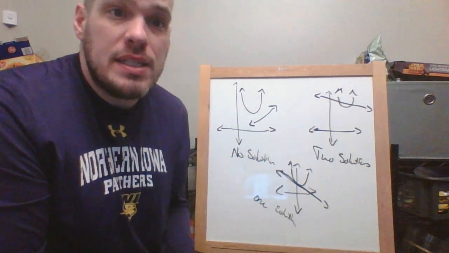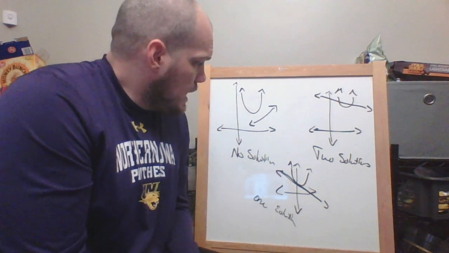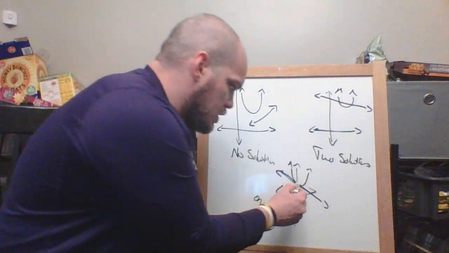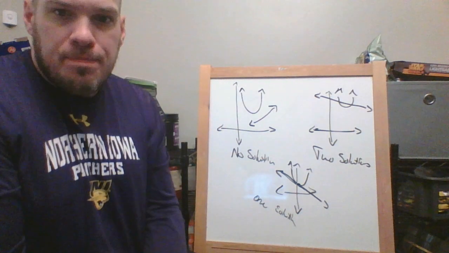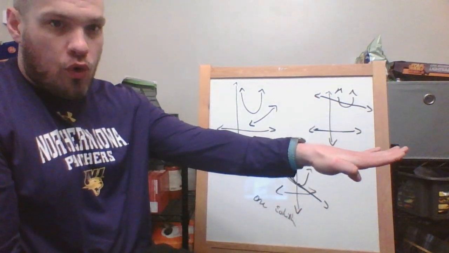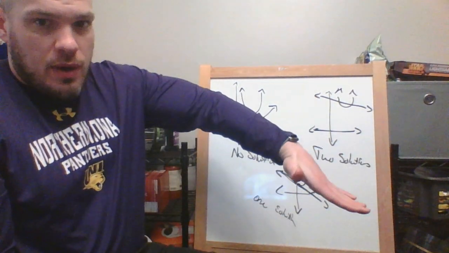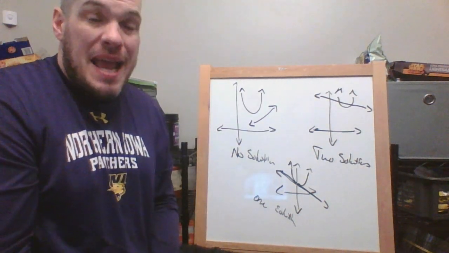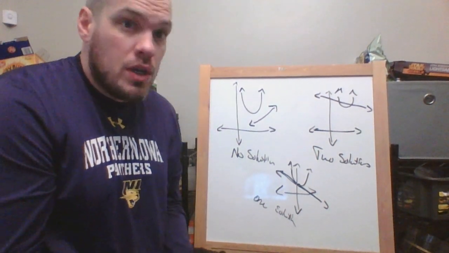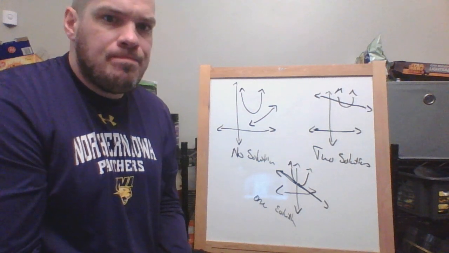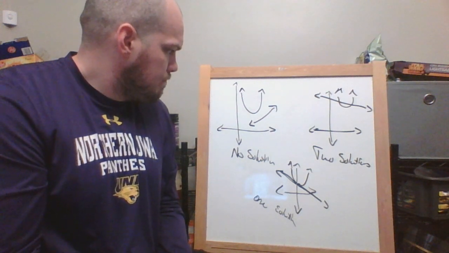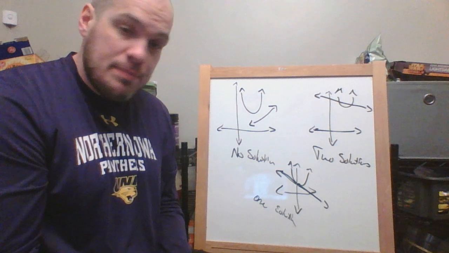It's tangent to the parabola. So it's only going to have one solution. Typically, for us, it's going to be a horizontal line, but you could also have a line that has a slope of non-zero and have that work out. So those are our three types.